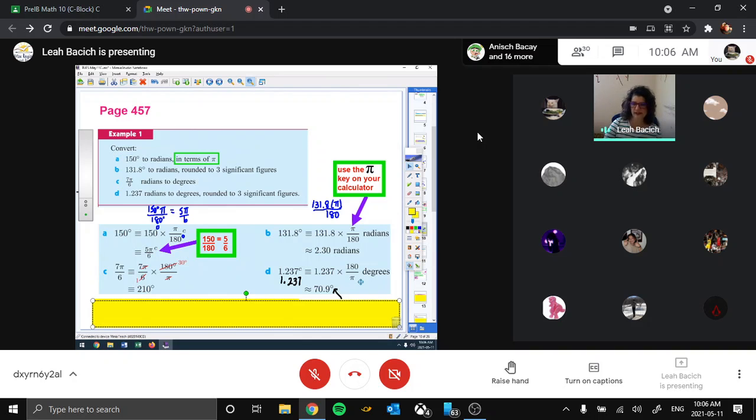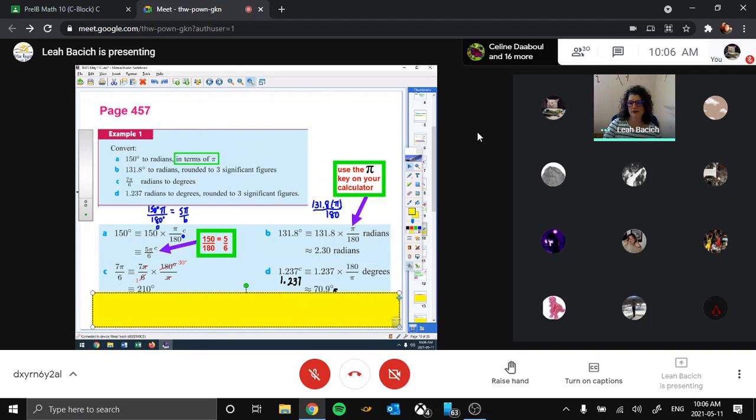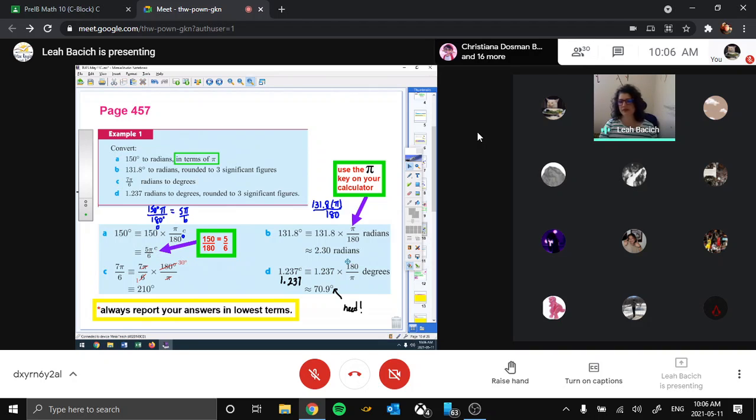If you have your calculator there, it might be a good idea to try this one. You can do 1.237 times 180, get your answer. And Ivana, or anybody else, if you can't find the pi button on your calculator, you can just divide it by 3.14.